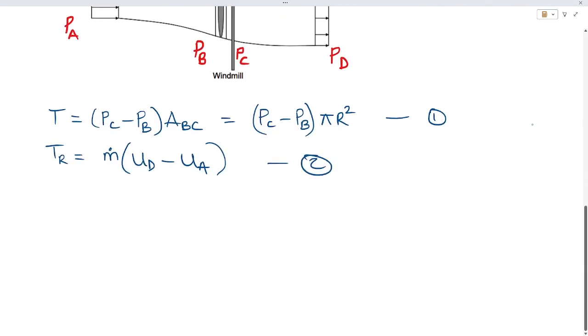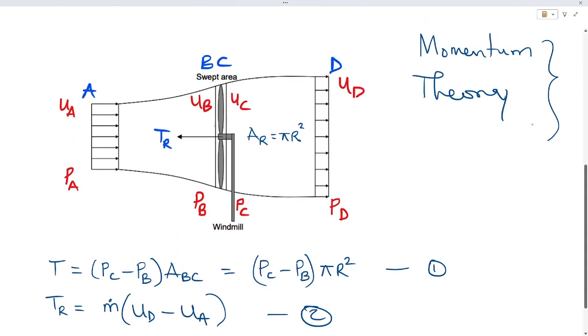Now, looking at the cross section of the rotor disc, and based on the assumption of the momentum theory, the velocity at the rotor disc on the B section and the C section is the same.